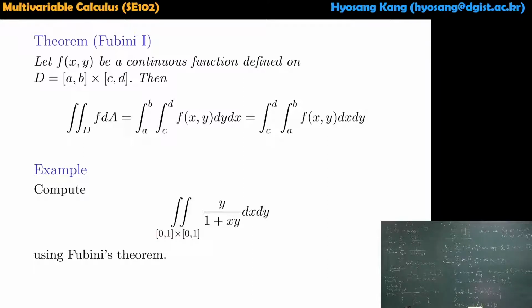If so, then the double integral exists, and the value of that double integral can be computed by two different iterated integrals. The first one is taking an integral over y from c to d and then integrating over x from a to b. Or you can interchange the order: first take the integral over x and then take the integral over y.